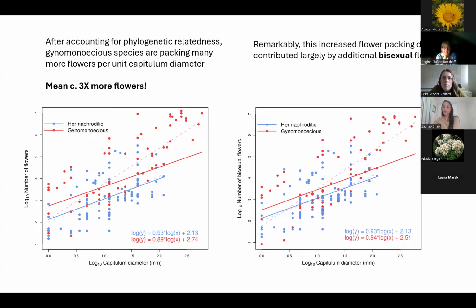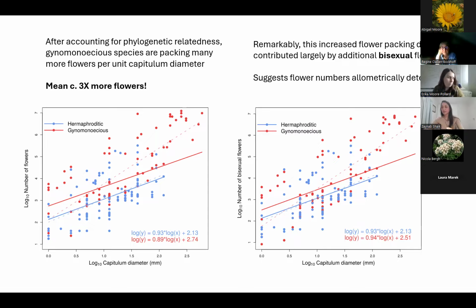And what we suspect is happening here is that the flower numbers are allometrically controlled. So if you look at the radius of a circle, if we approximate the receptacle to a circle, which is the case from looking at herbarium specimens, we know that the radius of a circle and its area are related exponentially. So as the radius increases, the area increases exponentially.